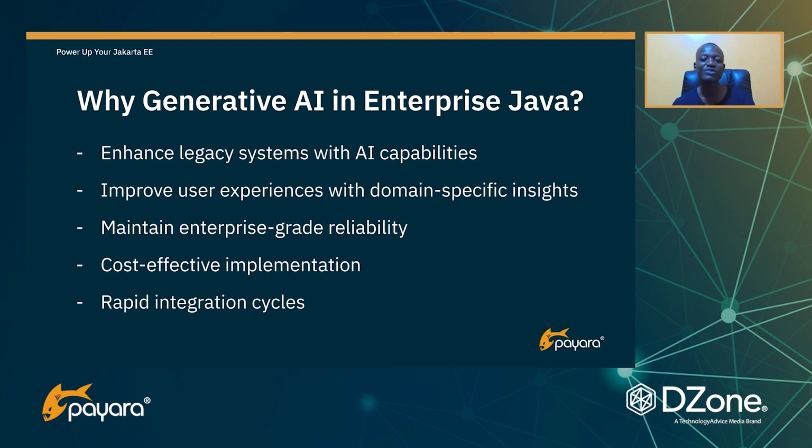So it's one of the reasons why you'd want to adopt AI in your enterprise application. And then also to maintain the enterprise-grade reliability of your applications, then cost-effective implementation. AI is really something that you can implement in a cost-effective manner without breaking the bank, as will be seen.